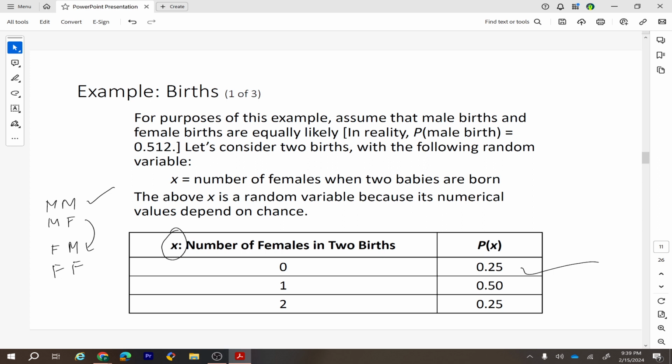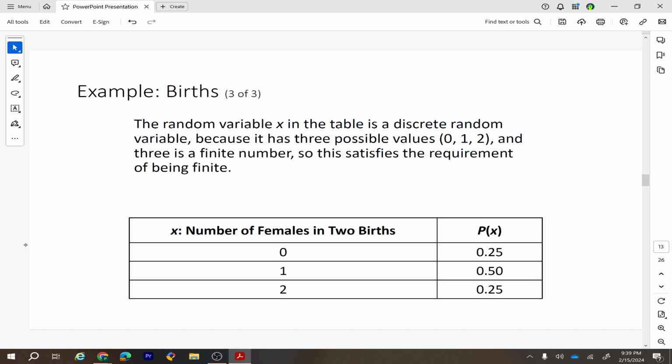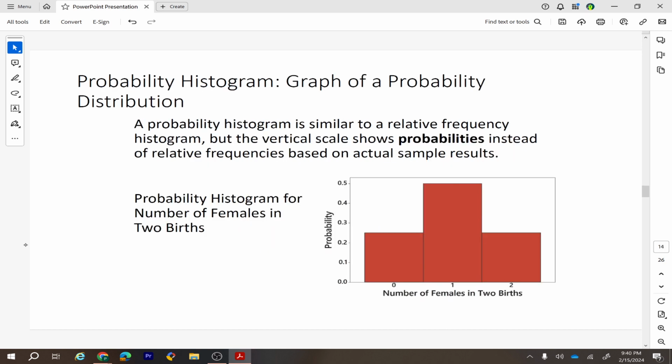One female, you might have male first and then female, or female first and then male. That means the chance is 50%. And you could have both females, two females, which is 25%. That's a probability distribution. If you look at this example, the value of X is numerical, the sum of the probabilities is equal to 1, and the probability values for different outcomes are between 0 and 1. So it's a probability distribution.